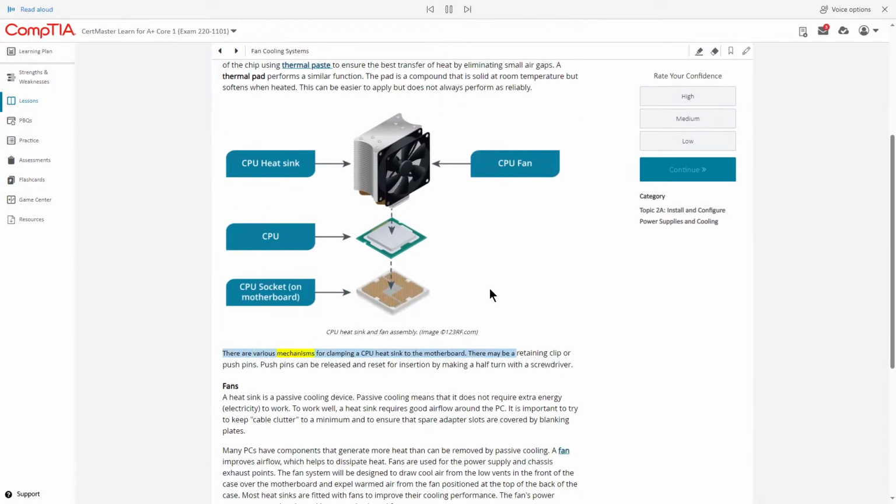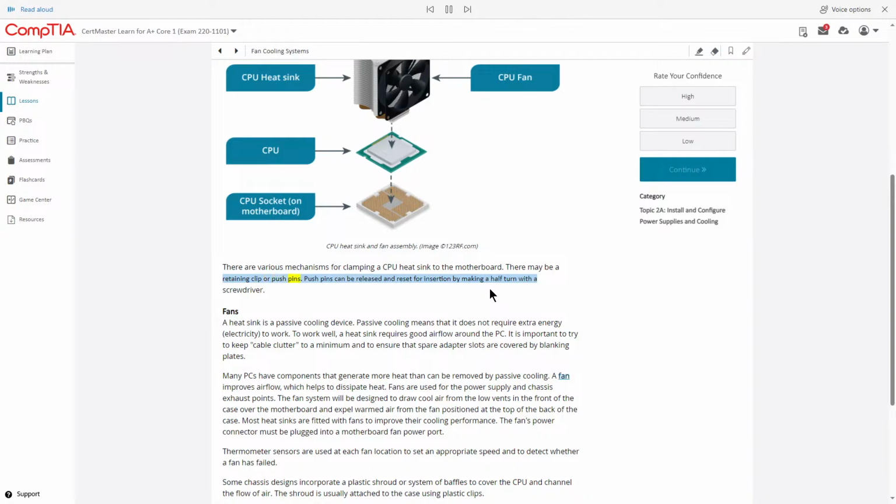There are various mechanisms for clamping a CPU heat sink to the motherboard. There may be a retaining clip or push pins. Push pins can be released and reset for insertion by making a half turn with a screwdriver.